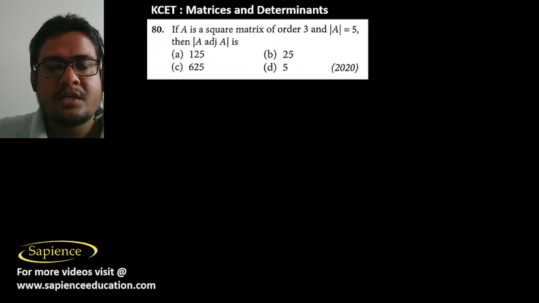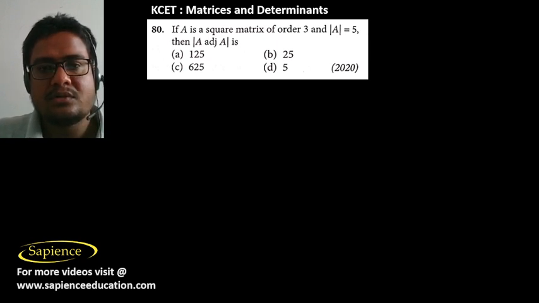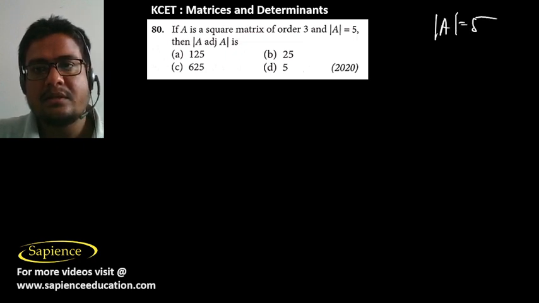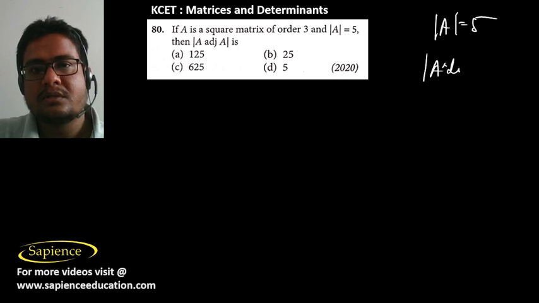If A is a square matrix of order 3, and the determinant of A is equal to 5, then the determinant of A into adjoint of A is how much?